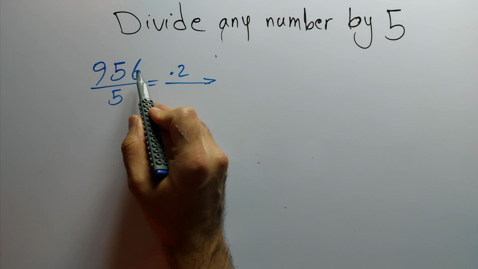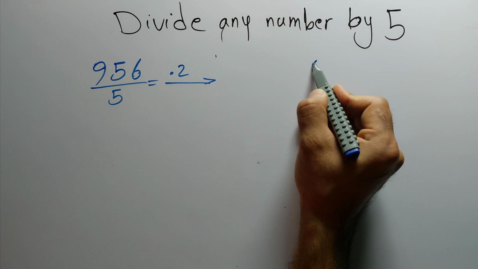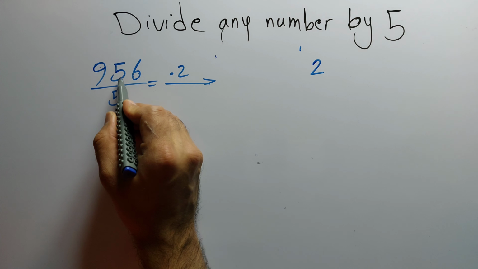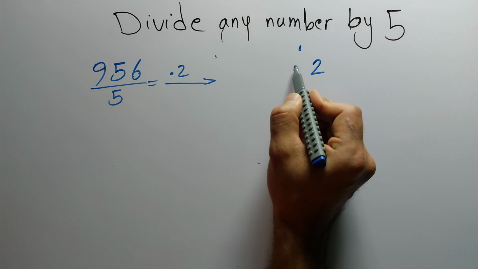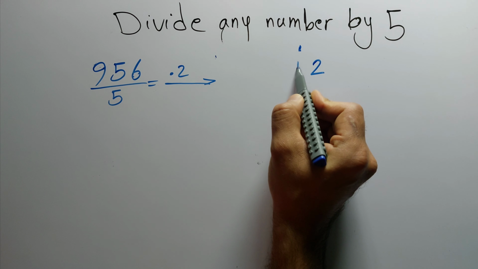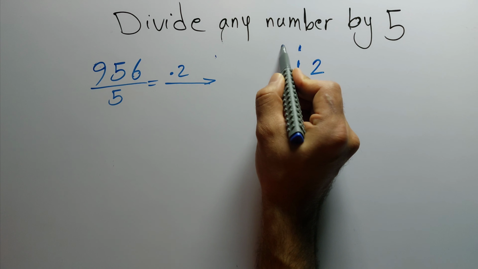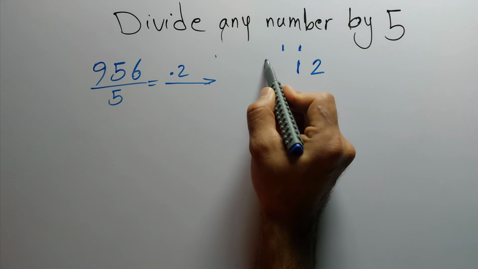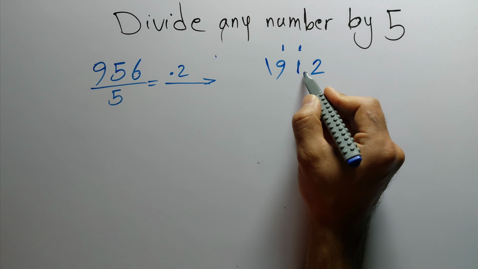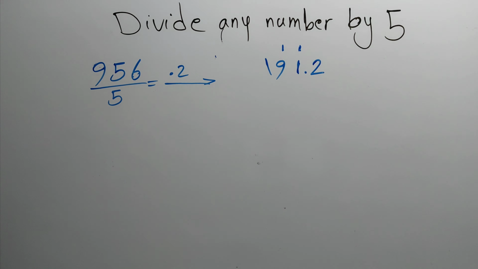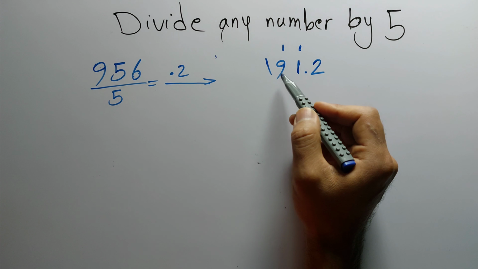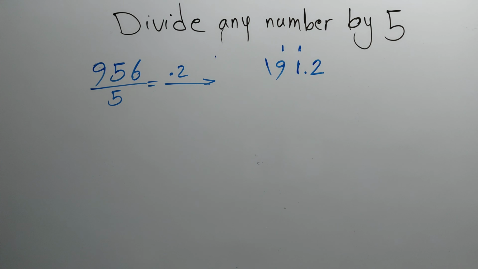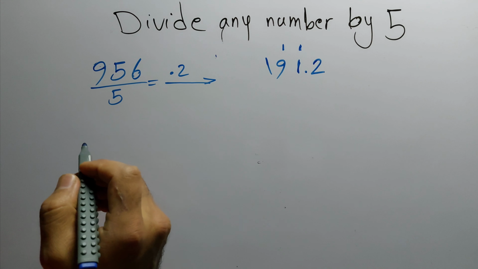So 2 times 6, it's 12, but I'm going to write just 2 here, keep 1 here. 2 times 5 is 10, plus this little 1 here is 11. Then I'm just going to write 1 here and keep 1 here. 2 times 9 is 18, plus 1 is 19. Don't forget to put this decimal point here. At the end of the day, 1912 is 2 times bigger than 956.